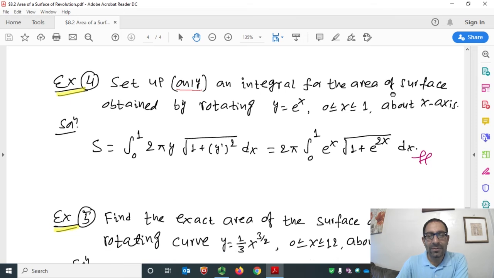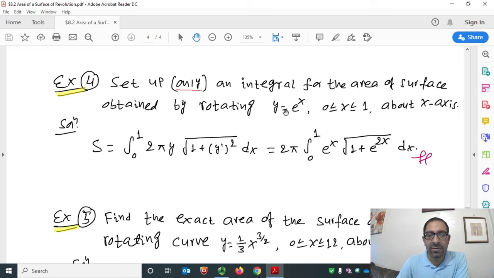Example 4. Here, set up only an integral for the area of the surface obtained by rotating y equals e to the x between 0 and 1 about the x-axis. So its solution is, our formula is S equals the definite integral from x equals 0 to 1 of 2 pi y ds. ds is under the radical 1 plus dy over dx squared, times dx.